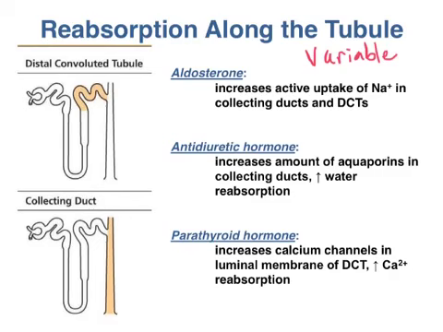So the reabsorption of sodium is coupled to the secretion of potassium. Increased reabsorption of sodium means increased secretion of potassium. Antidiuretic hormone also acts on the collecting ducts, increasing water reabsorption. Parathyroid hormone increases the expression of calcium transport channels in the luminal membrane of the distal convoluted tubule so that you get increased calcium reabsorption.